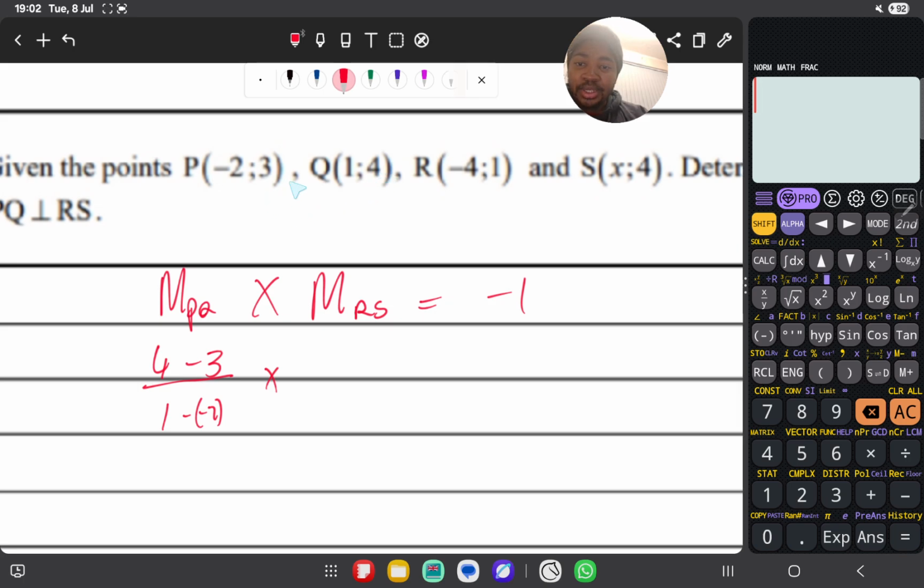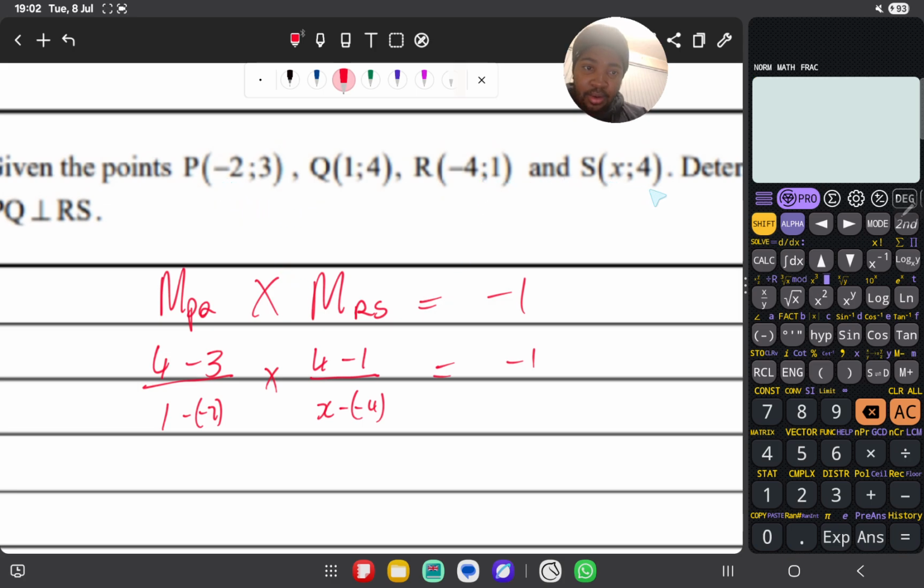(y1 minus y2) over (x1 minus x2), right? Basically, then here I will say I have 4 minus 1 divided by x minus 4, right? Let me say equals -1. For verification, I will go again. 4 minus 3, 1 minus 2.